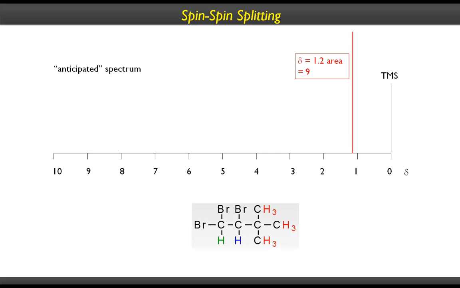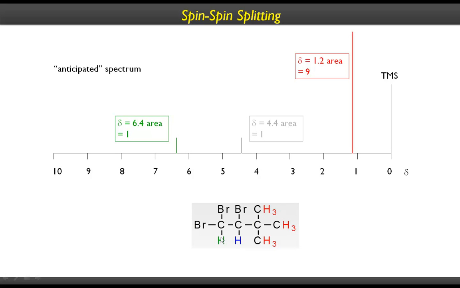For example, if you were to find the different types of hydrogens that this compound has and predict the number of peaks accordingly, you would say there are 3 different types, because these methyls are all chemically equivalent, so that produces 1 peak.